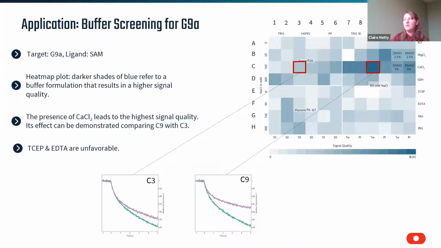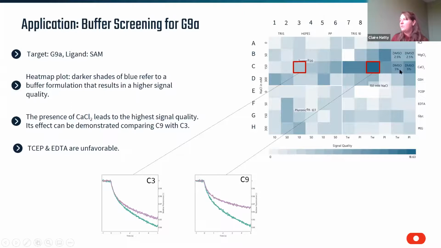What we can also do is a buffer screen just to make sure that we have the best conditions for this assay. Again, we have our labeled target with its positive control ligand, and we're just testing yes/no binding in a range of different buffers. We have a specific buffer screen for this, which has 96 different buffer conditions.